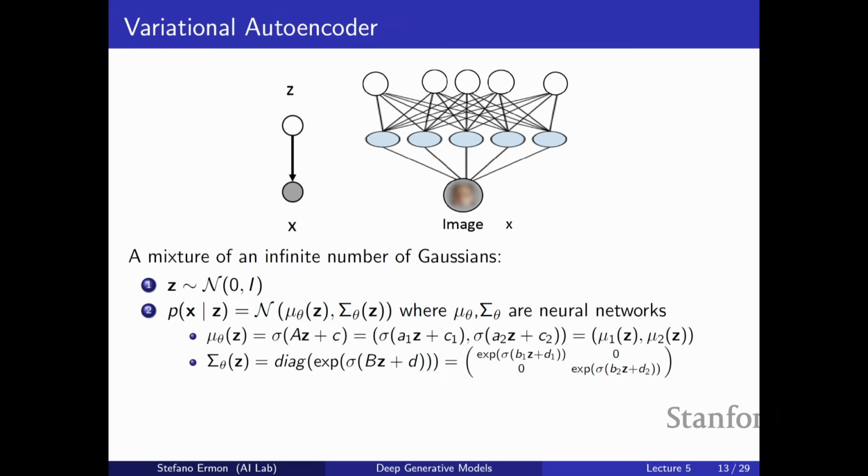Is it possible to put more information into the prior, as opposed to just sampling from a standard normal? Yes, you can certainly put more information, and I think there are two ways to think about it. One is if the prior is more complex, like instead of having a Gaussian, you can put an autoregressive model over the latent variables. You're going to get an even more flexible kind of distribution.